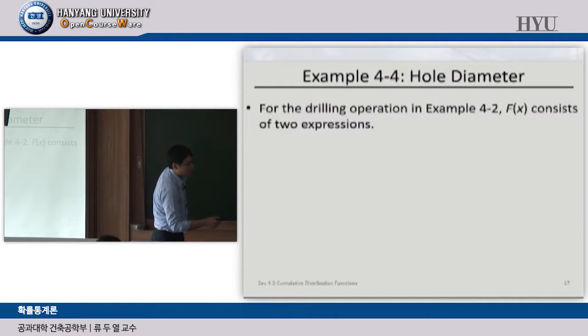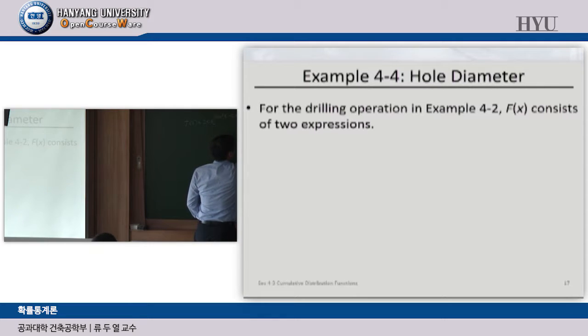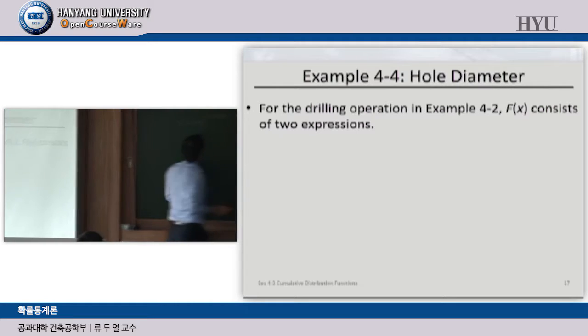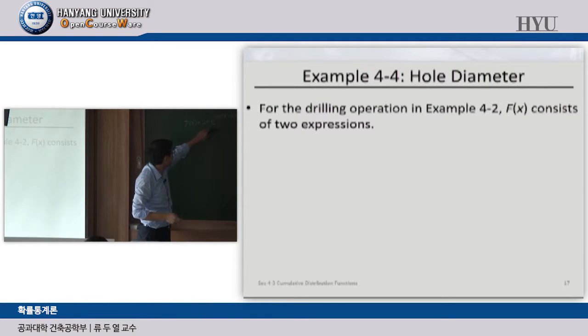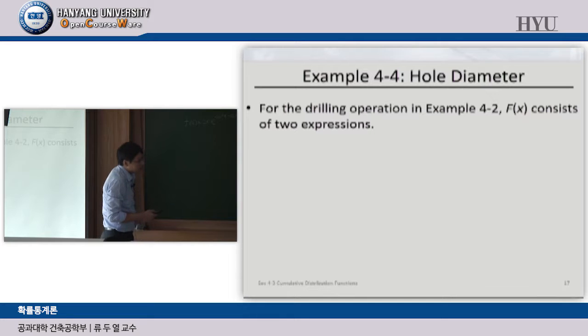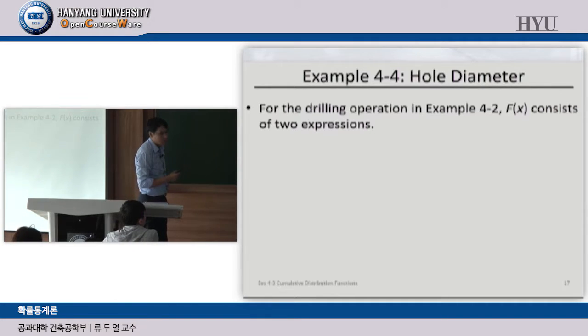In the previous example 4-2, the probability density function was 20 multiplied by the exponential of minus 20 multiplied by (x minus 12.5), right? When x is larger than or equal to 12.5. So in this case, we have to find the cumulative distribution function.